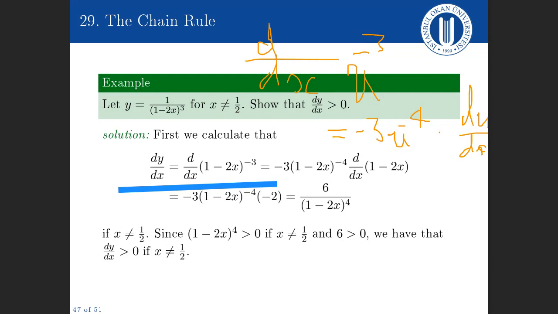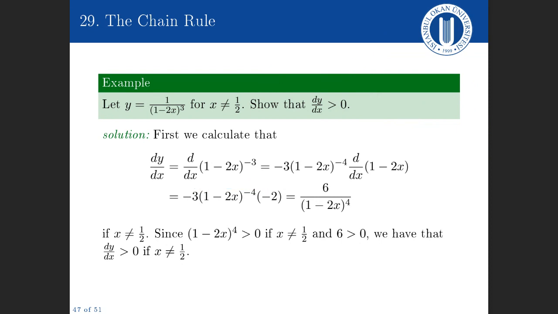So minus 3, and then u to the power minus 4, (1 minus 2x) to the power minus 4, multiplied by du dx, multiplied by d dx of 1 minus 2x. And then after we've simplified that, you can check that we get 6 divided by (1 minus 2x) to the power of 4, as long as x is not a half.